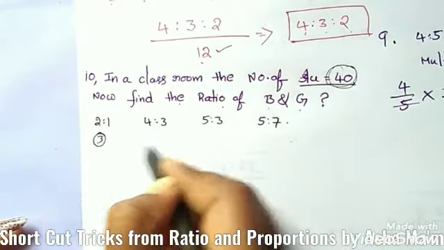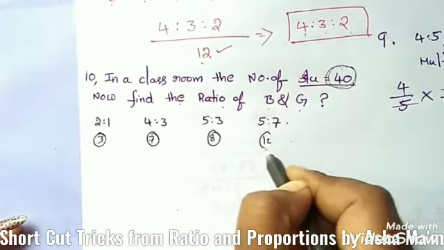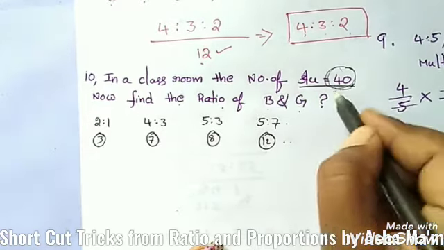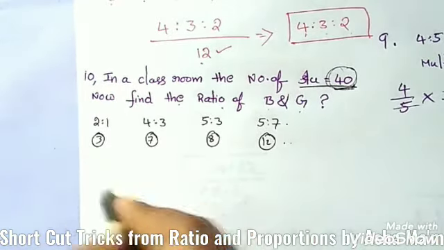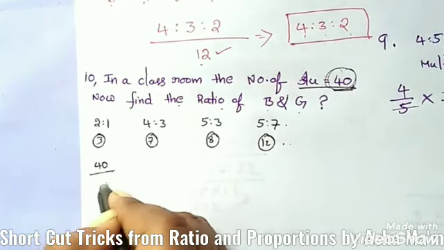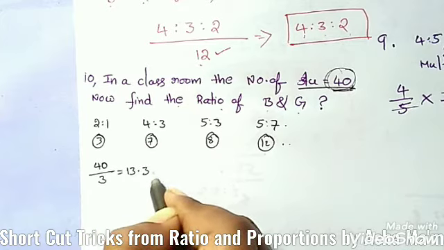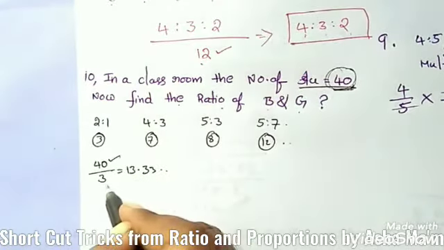Now here 3 and this is 7, this is 8 and here is 12. Now for suppose 40 by these numbers. Let us see now. For suppose 40 by 3, if you do the calculation here, you should get 13.33 something. So this 40 is not divisible by 3.